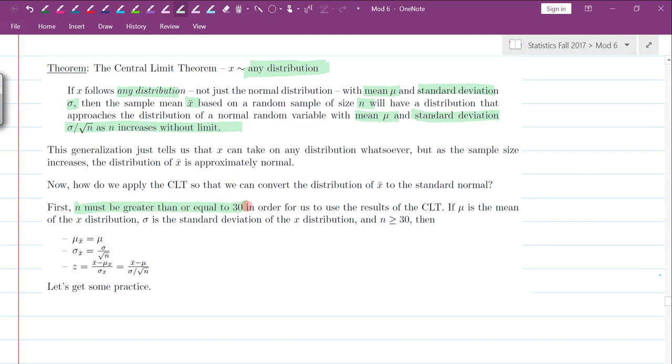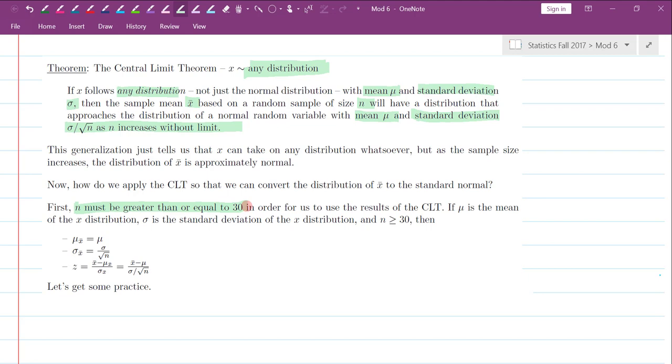If we do not know, and we cannot assume, it's not valid for us to assume that the data we're dealing with comes from a normal distribution, we cannot use the central limit theorem. It's plain and simple. You cannot do it. We have other statistical techniques, it's just beyond the scope of this particular course, so don't worry about it. There are techniques, and if you go ahead and further your studies in statistics, you'll discover what those are.